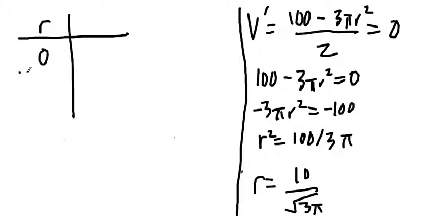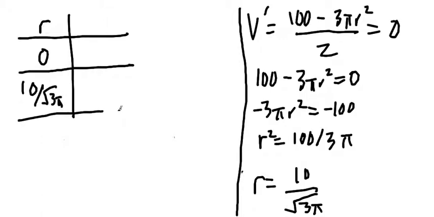We get 0, we have 10 over the square root of 3 pi, and then we have the other endpoint, which is 10 over root pi. Now, what happens here?